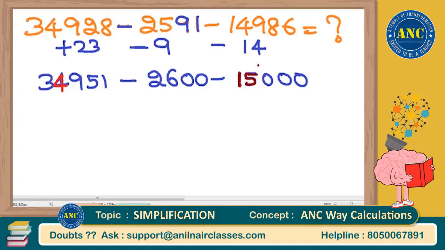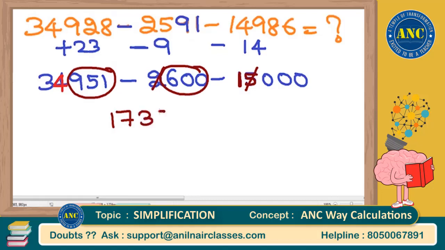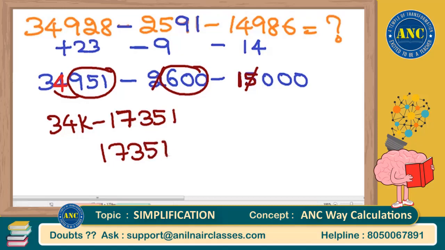It is 10,000 and 5,000. 5,000 and 2,000 is 7,000, and you are left with this one extra. That means 951 minus 600 is 351. So this is 351, and then you are left with 17 and 34,000. 34,000 minus 17,000 is 17,351. I hope the idea is very, very clear.